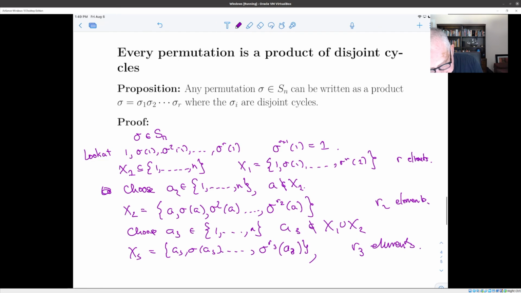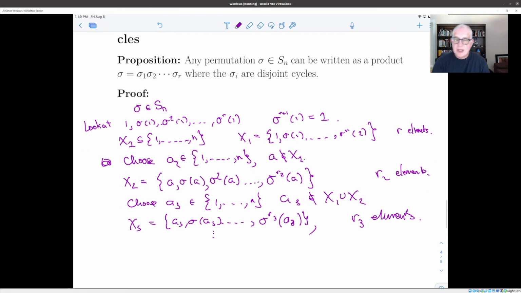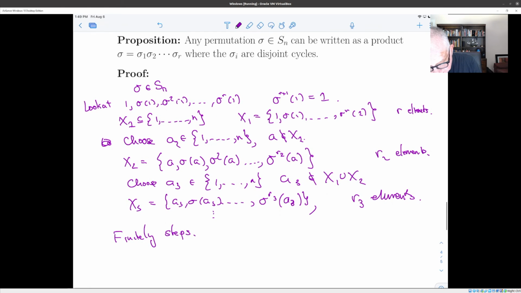And we keep doing this, and the point is this can only go on for finitely many steps, because there's only n elements. And we eventually are going to show that X is x1 union x2 union up to xs, and these sets are disjoint.